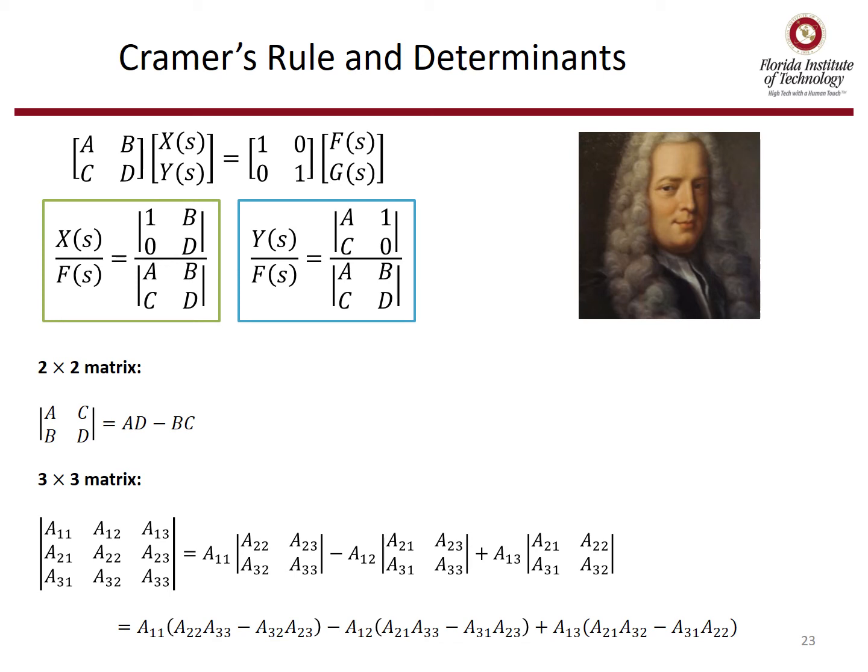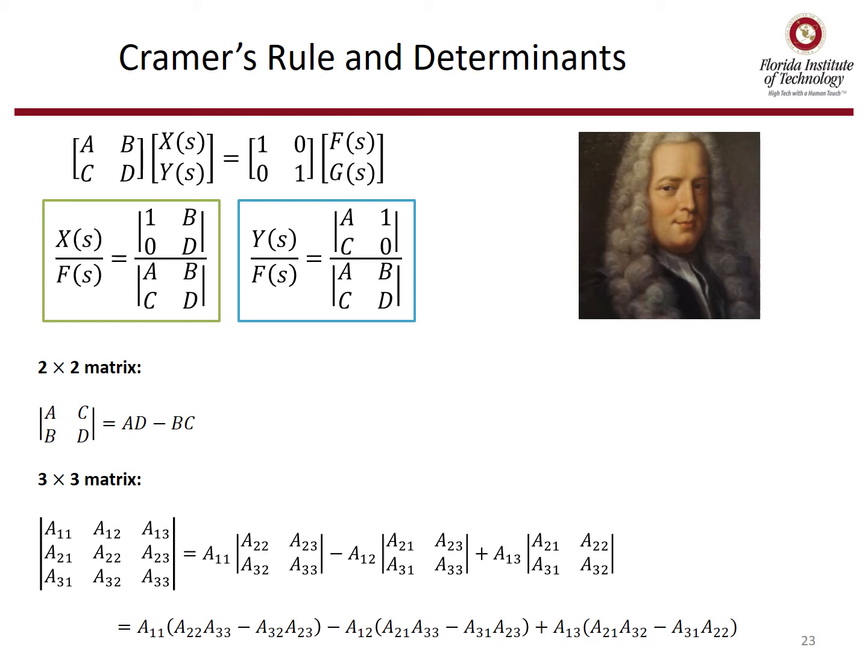If I want the transfer function of the state y to the input f, then I use the determinant of [a 1; c 0] divided by the determinant of [a b; c d]. Notice that if the input is f for both transfer functions, the denominator is the same determinant [a b; c d].